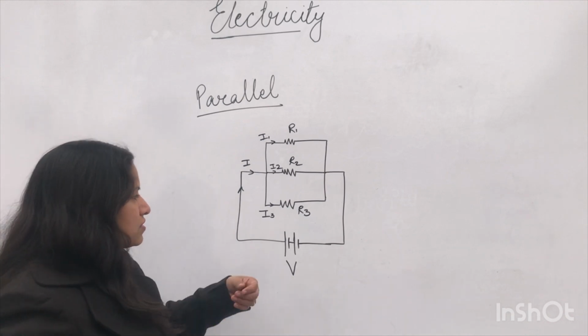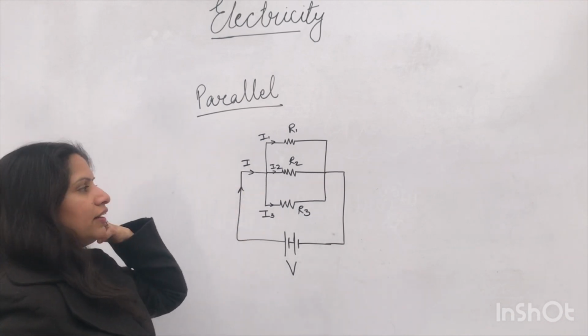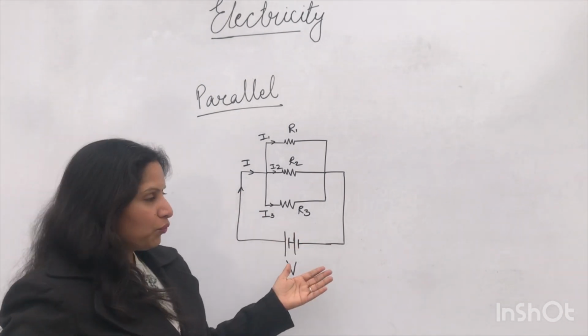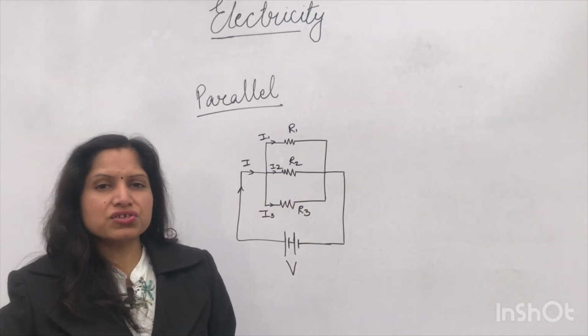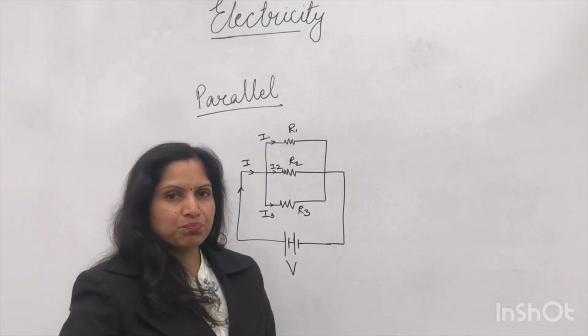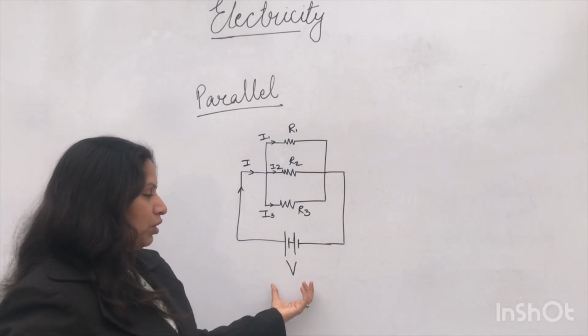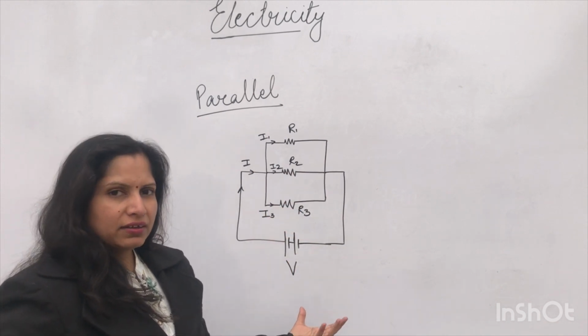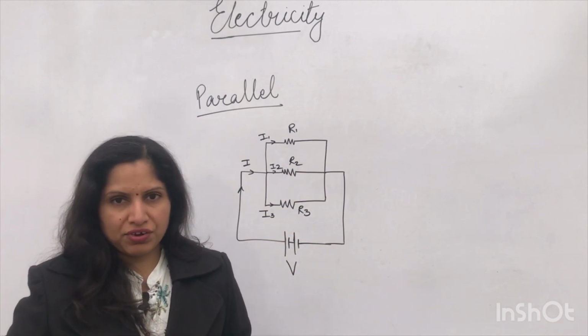So, based on the resistance of different resistors, the current will be getting divided into some parts. And what will be the potential difference for all these resistors? That will be the same. R1 will also be getting V potential difference, R2 and R3 as well will be getting the same potential difference.